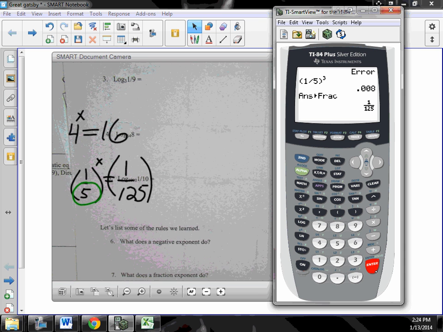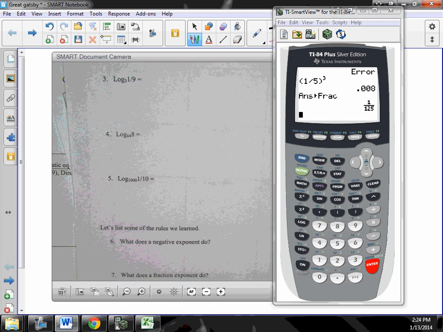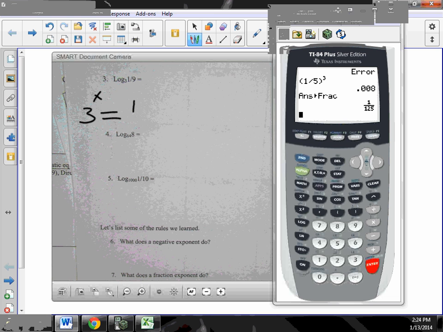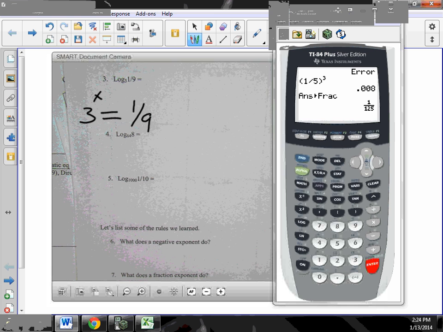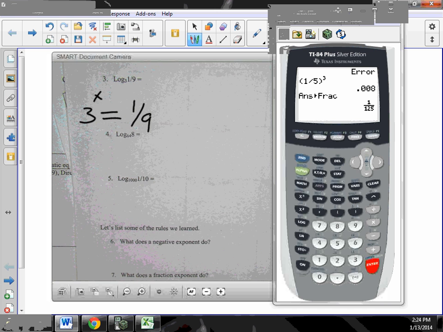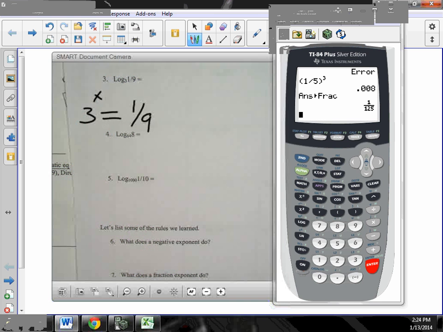Number 3. So log base 3 of 1/9 is saying 3 to what x value equals 1 over 9. Well, what do you notice about this? Did the 3 get bigger or smaller? The digit 3 went from a 3 to a 9, which is bigger.